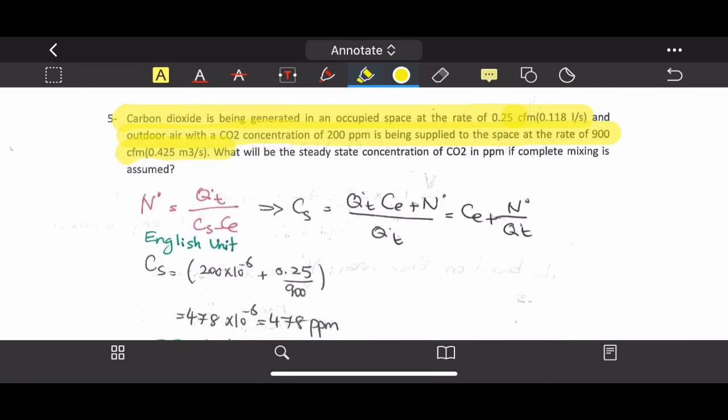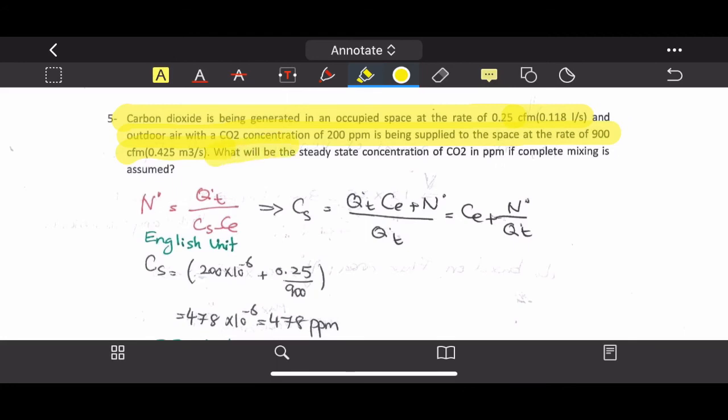Now, you might be wondering why on earth you need to supply CO2. It's not that you need to supply CO2 inside a space, because you take air from outside. Technically, outdoors has CO2, so you are going to suck in the CO2 and pump it into these rooms. So based on these readings, the CO2 concentration that is pumped into this room is just 200 ppm.